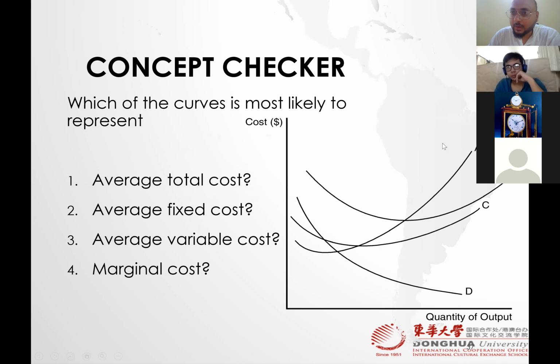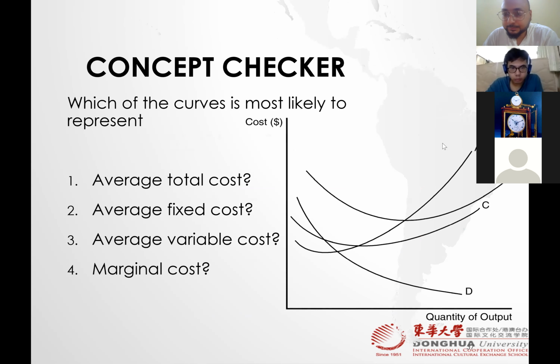Now, answer this question. Here, which of the curves is most likely to represent the cost curves? Now we know the behavior of the cost. First one, what is the average total cost here? A, B, C, D. Which one is the average total cost?